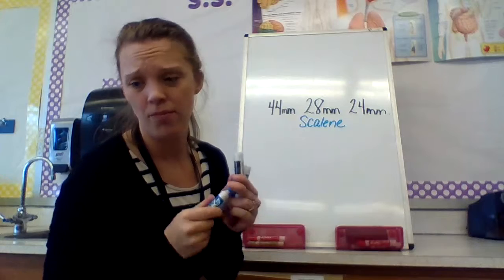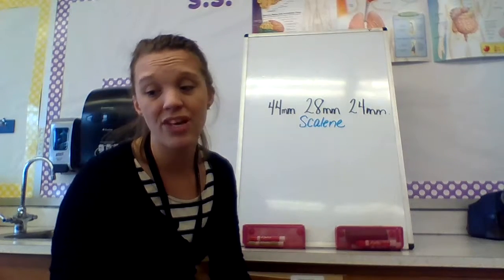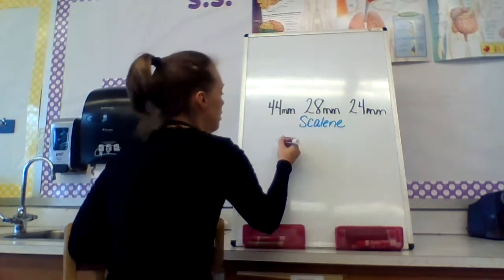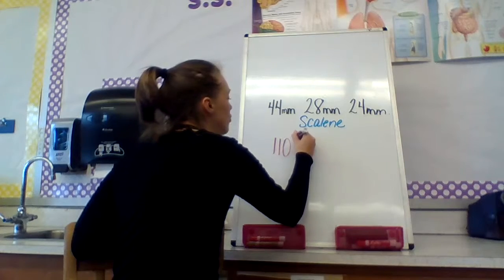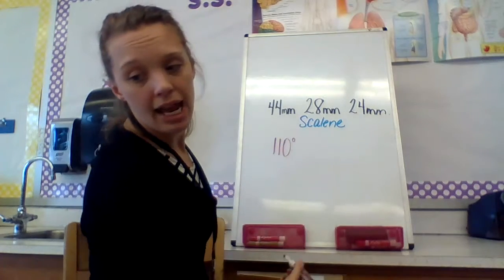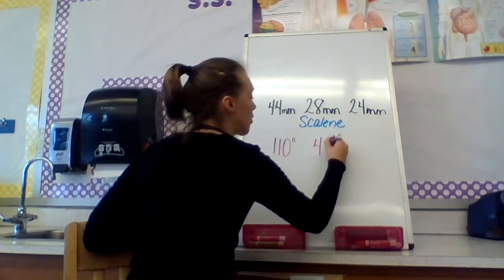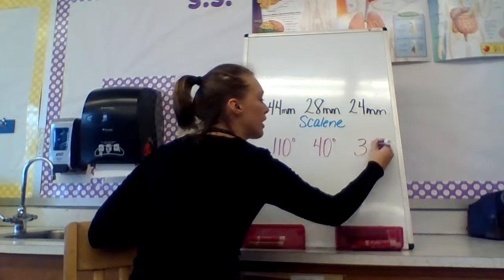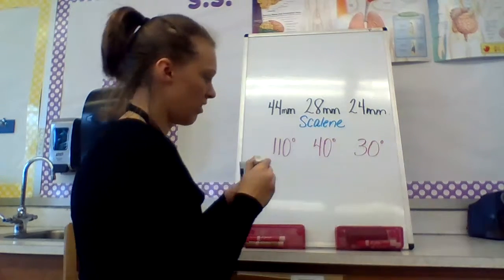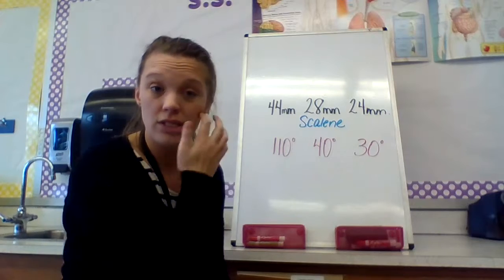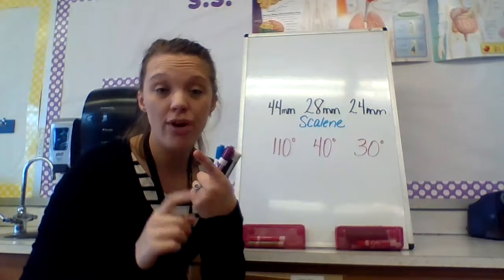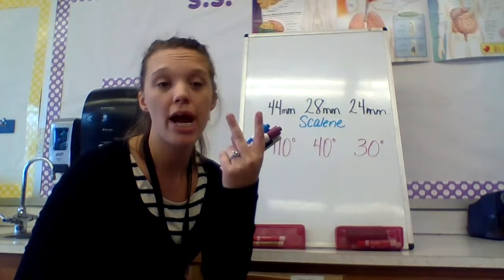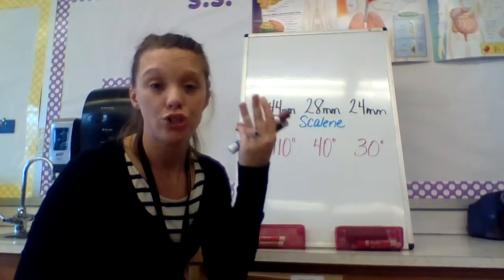That's scalene. Next, I want to look at the angles they gave me. So the first angle is 110. The second angle is 40. And the third angle is 30. So in regards to angles, there is a right triangle, acute triangle, and obtuse triangle.